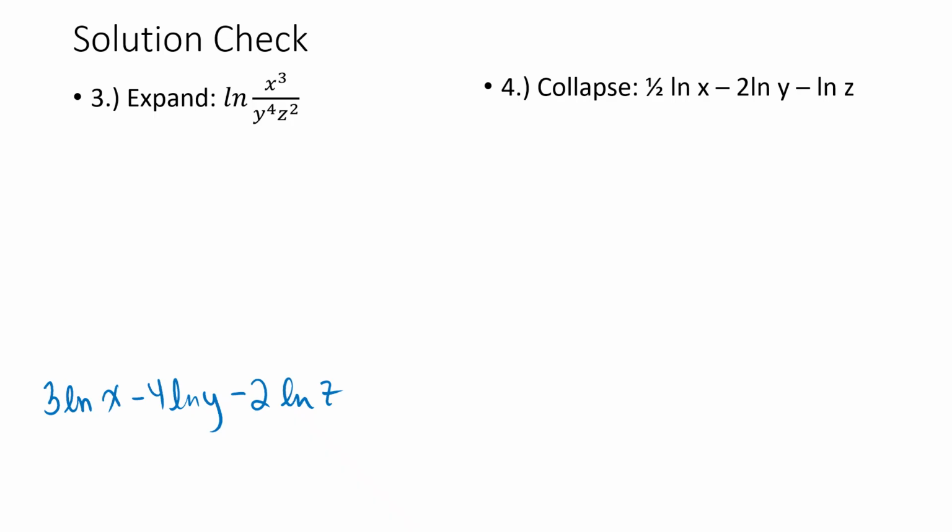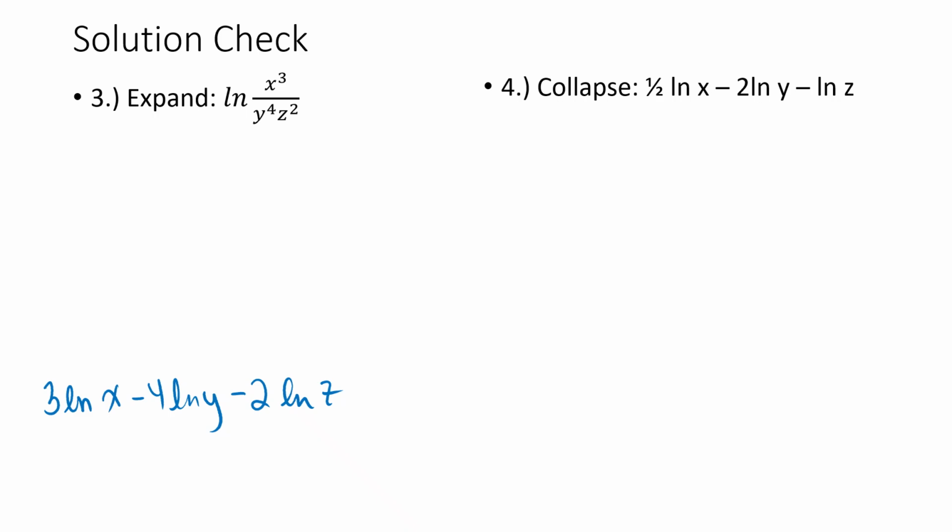Now for this one though, what I am going to do is actually rewrite this. I'm going to do it using a property of exponents and a property of logs instead of using two properties of logs, because we often end up with like a sign error in the subtraction.